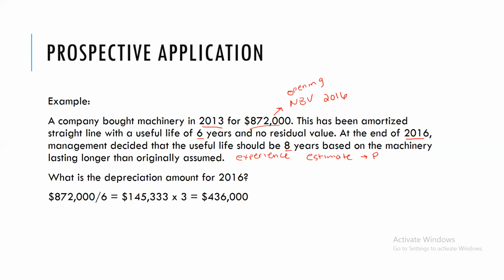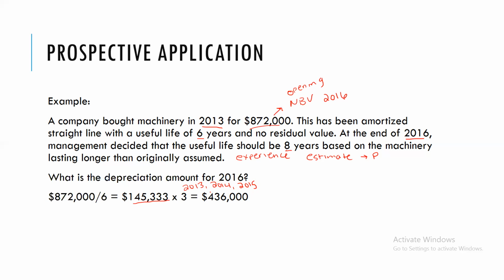So what we're going to do is first figure out what has been depreciated so far. What's been happening so far is they took, in 2013, to find out the depreciation, the 872 divided by the 6 years. So every year for 3 years, so for 2013, for 2014, and for 2015, they've been depreciating 145,333.